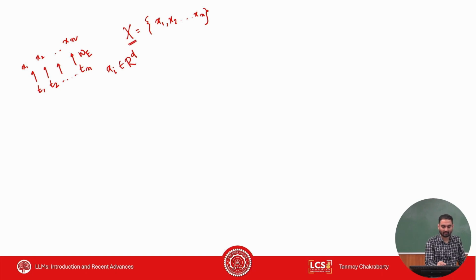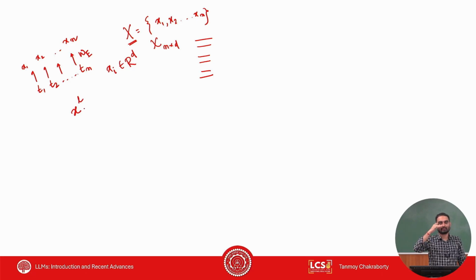And what is the dimension of X? X is a matrix, right, where all these n inputs are stacked one after another. So the dimension of X is essentially n cross D. You have n rows and each of the dimension is D. Okay, let us use this notation X^L.